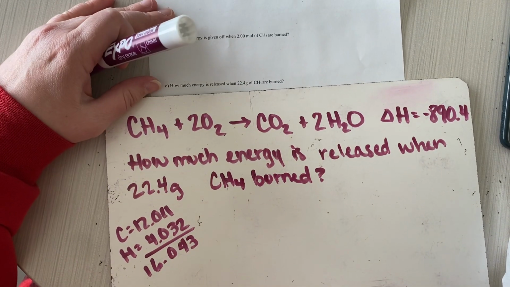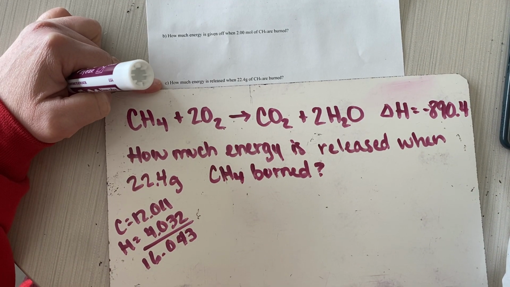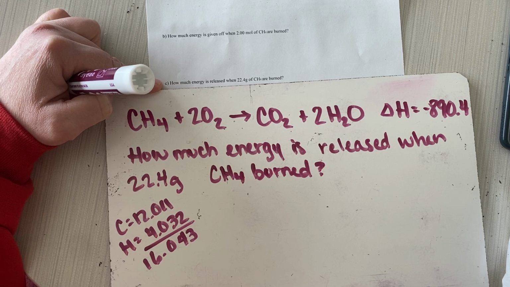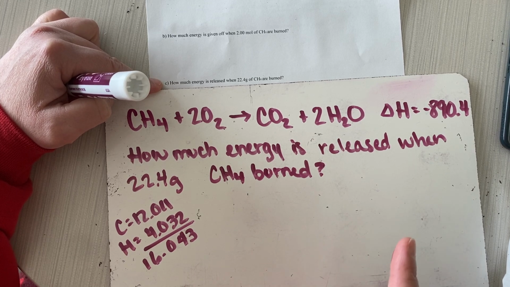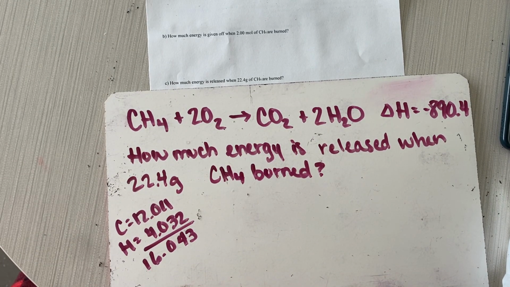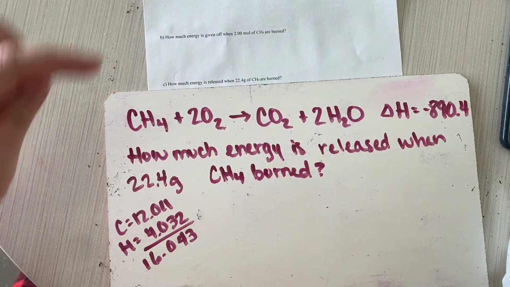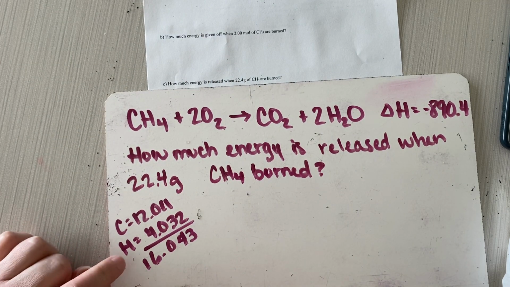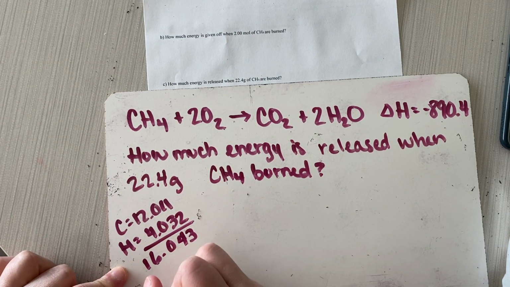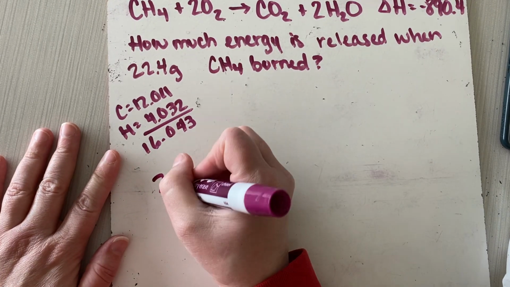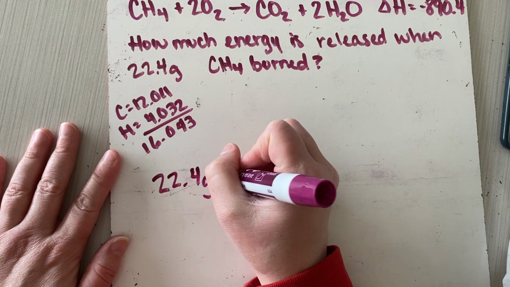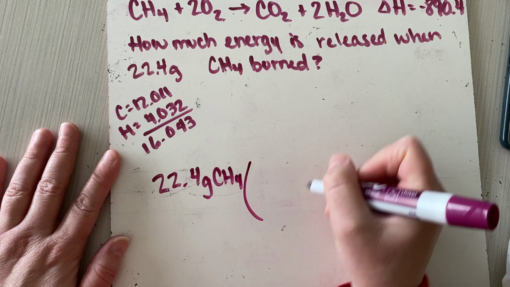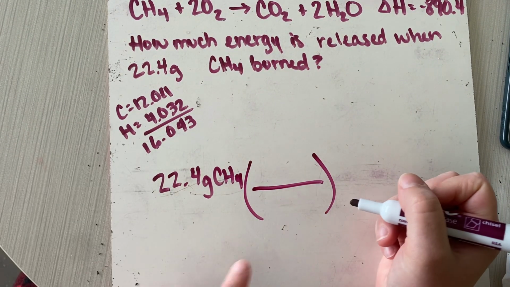Okay, for this next one, we're doing how much energy is released when 22.4 grams of CH4 are burned. Still using that same equation that we had, but this time we're starting in grams. So this one we will need to have our molar mass. So we're going to put down our 22.4 grams CH4. Then we need to convert that to moles.